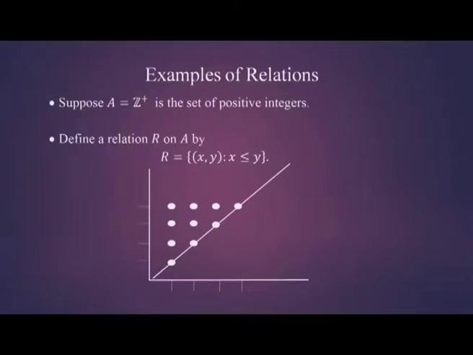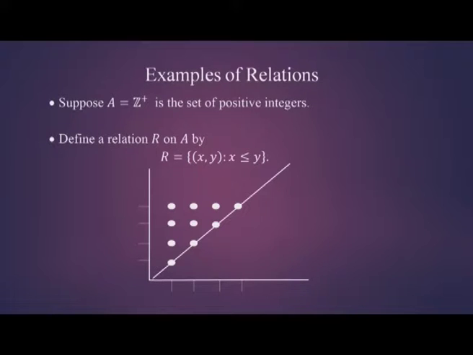We go back to the set which we were discussing a while back. So, we consider Z plus, which is the set of positive integers, and we consider a relation R on A, which is in fact Z plus, given by all ordered pairs (x, y) in case x is less than or equal to y.